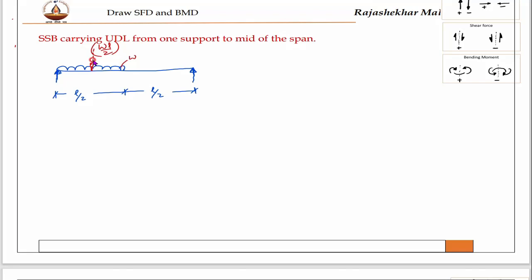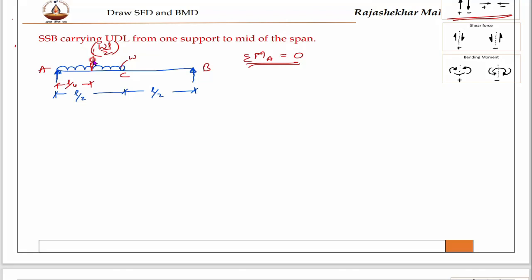For that I will write summation of M at A equal to 0. Now support reaction sign conventions I have to use. This is A, this is B, and this is C. Now what is this distance? This is L by 4 from this assumed point load.